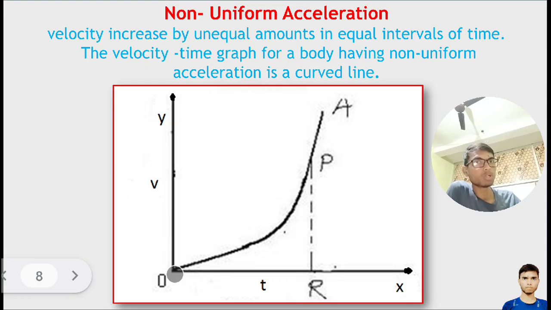It is telling you the speed of an object. Here this object started moving, so it is moving slowly. Then immediately the speed of this moving object suddenly increased like this. Are you seeing? Here it is gradually moving.